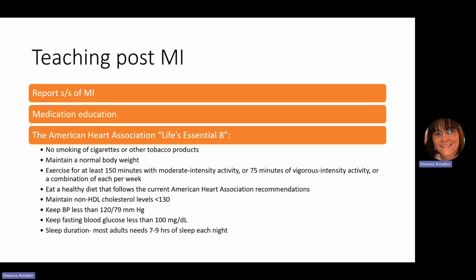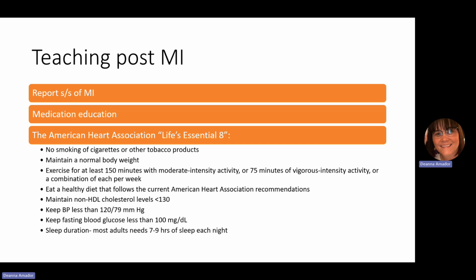So now coming back full circle with the STEMI, the teaching that we need to do post-MI is obviously teaching about signs and symptoms of a myocardial infarction, teaching about their medications, and then also the American Heart Association Life's Essential 8: no smoking, trying to maintain a normal body weight, exercising, eating a healthy diet. So we want to really stress increasing fiber, increasing omega-3 fatty acids, avoiding trans fatty acids. Those are bad for you.